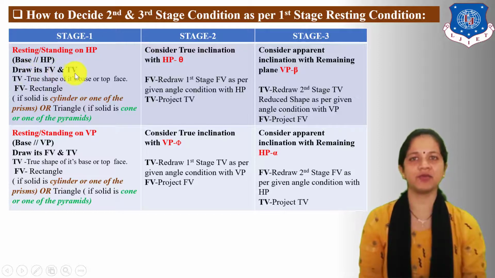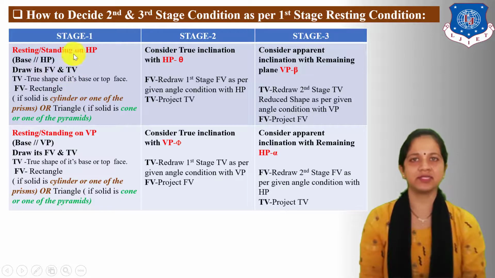Draw its front view and top view. The top view is the true shape of its base or top face, and the front view is a rectangle if the solid is a cylinder or one of the prisms. The front view is a triangle if the solid is a cone or one of the pyramids.